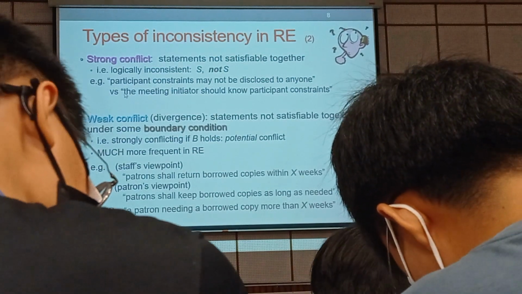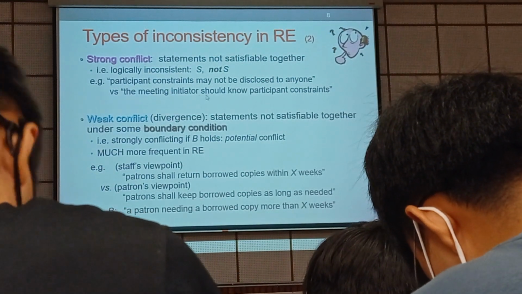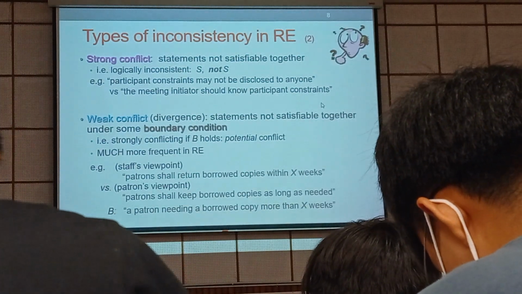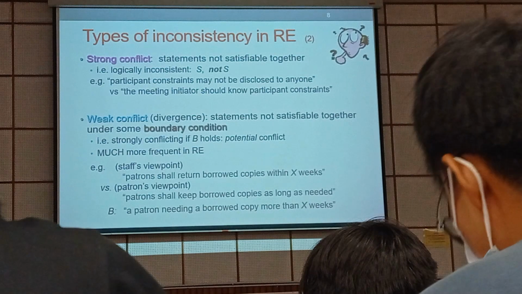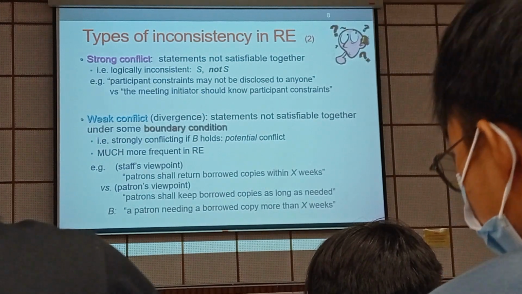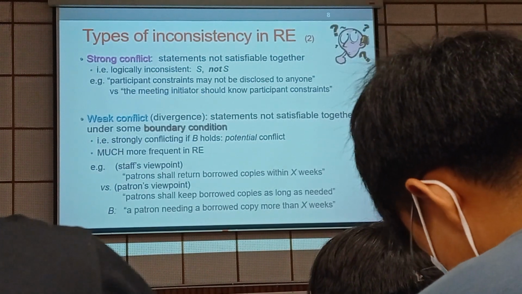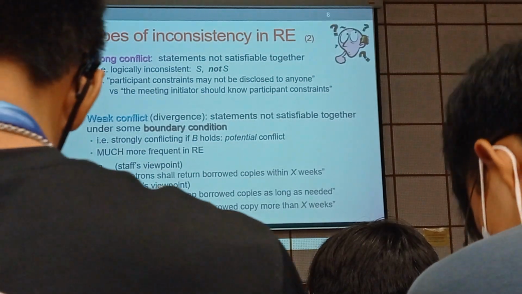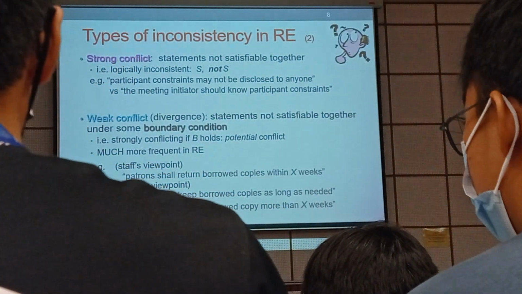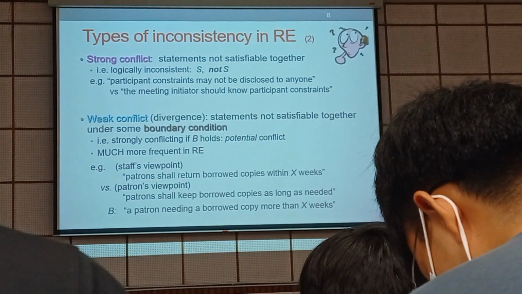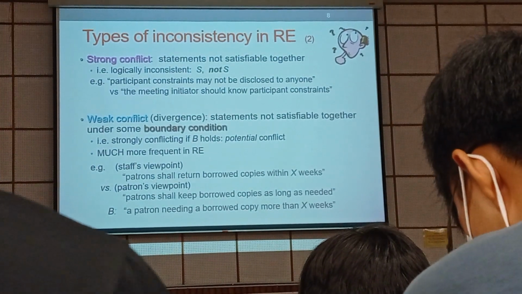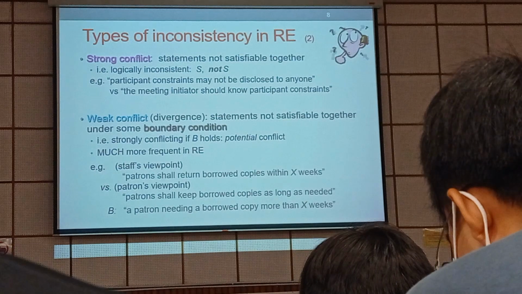The other one says the meeting initiator should know the participant constraint. One says can, one says cannot. Can you come up with a solution where both can be satisfied? Anyone here can come up with one requirement to satisfy both? Initiator should know, and the other one says no one can know. Can you come up with a solution to satisfy both?